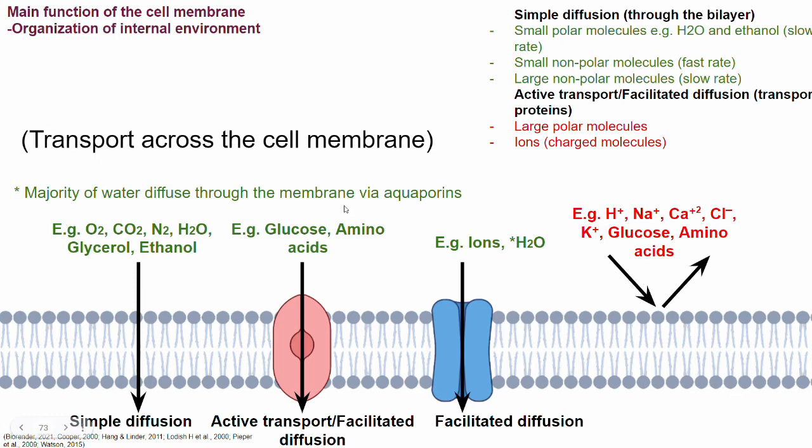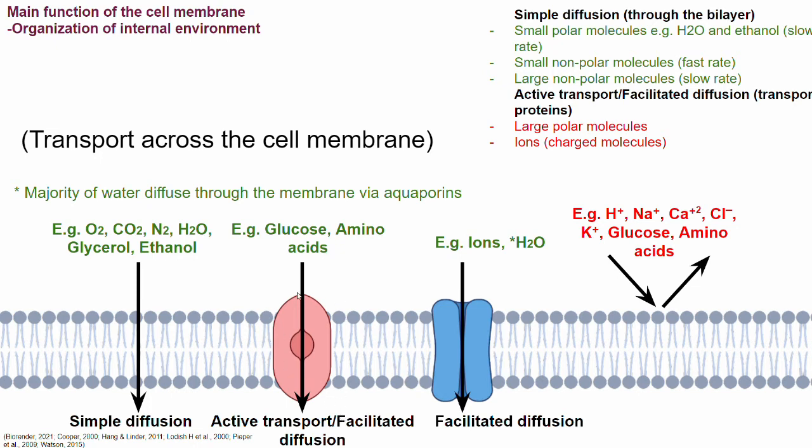Okay, what about large polar molecules like glucose or some of the amino acids? What about ions like sodium ions, calcium ions, chloride ions, hydrogen ions, potassium ions, etc.? Well, they need proteins, either protein channels or protein carriers. In the case of glucose and amino acids, they go inside the cell or outside the cell usually using carrier proteins.